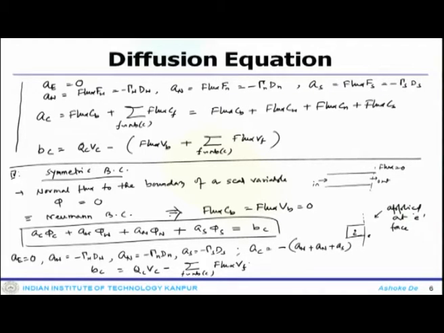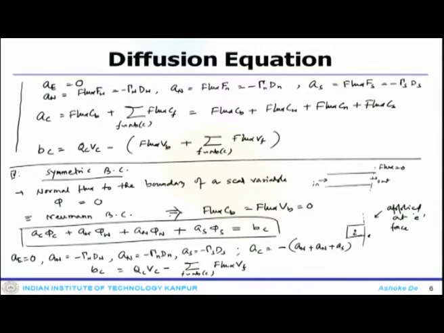So, we have looked at a particular stencil when exposed to different kinds of boundary conditions, starting from the Dirichlet boundary condition, the Neumann type boundary condition, the mixed boundary condition and the symmetry boundary condition. The discretized equation can be obtained and the corresponding coefficients can also be obtained accordingly.